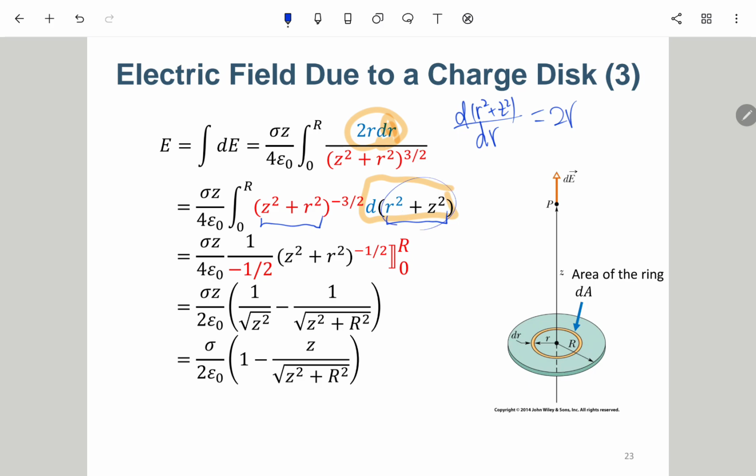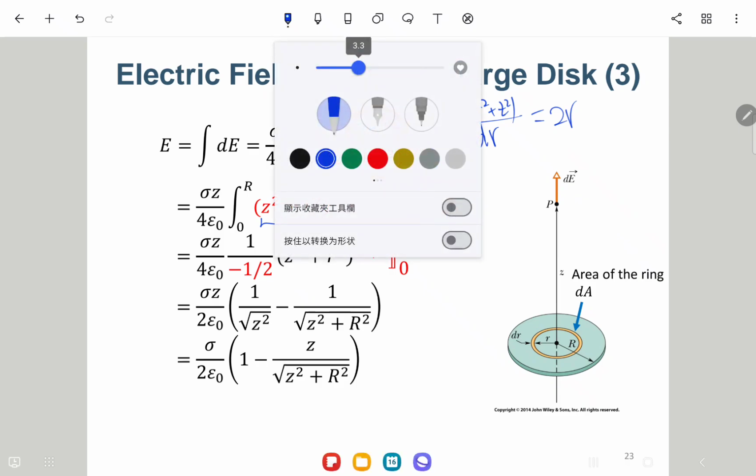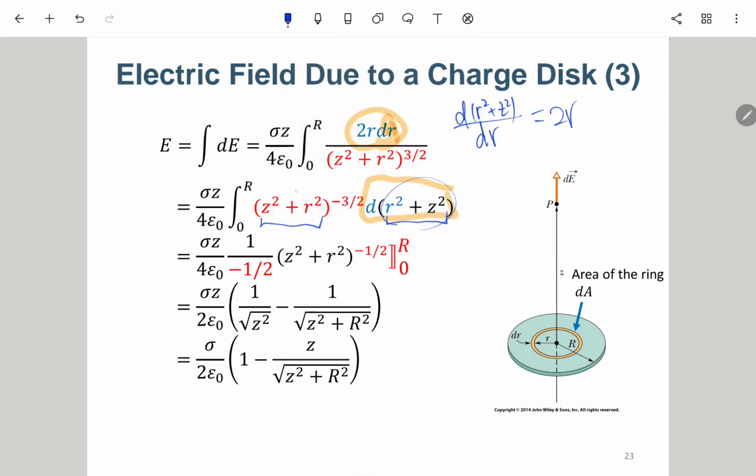You can call it y or whatever variable you like, but here we don't actually change the variable, we just keep it. So in your mind, if you are not familiar with it, you can just imagine this is just a y, and this is y to the negative 3 over 2 power, and this is the capital Y. So it is actually a polynomial or a power function.